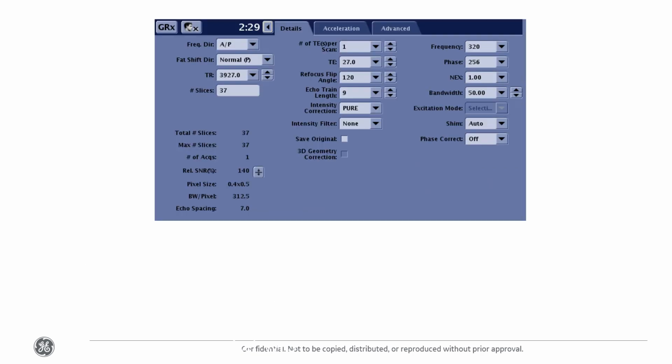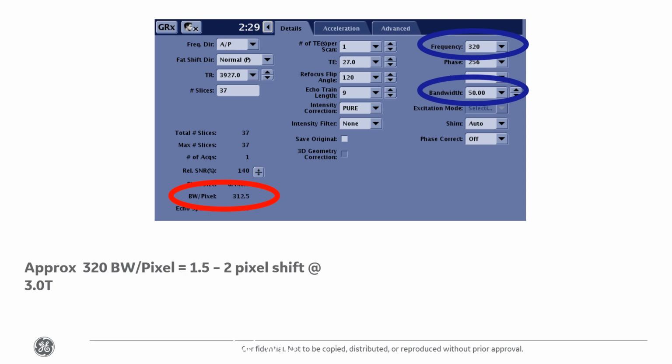So as mentioned previously, if you're on a GE platform on software levels 26 or greater, the system's smart enough to do all the hard work for you. The system will look at the frequency matrix, it'll look at the bandwidth you've selected, and it will automatically calculate the bandwidth per pixel. The beauty of this, if you're on a 3T system and you've selected that you would like a chemical shift of approximately 1.5 pixels, you simply set your bandwidth per pixel at around the 310 to 320 mark.